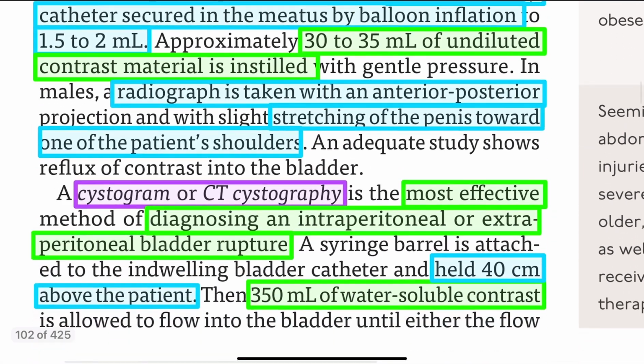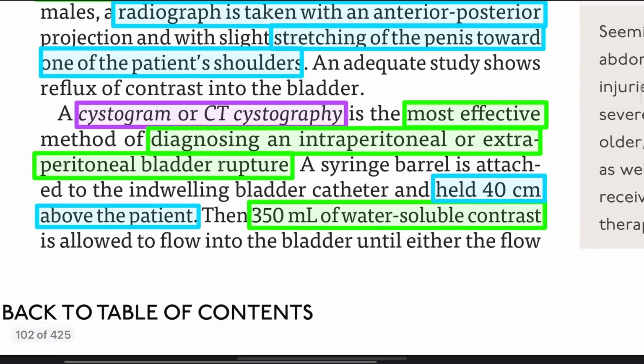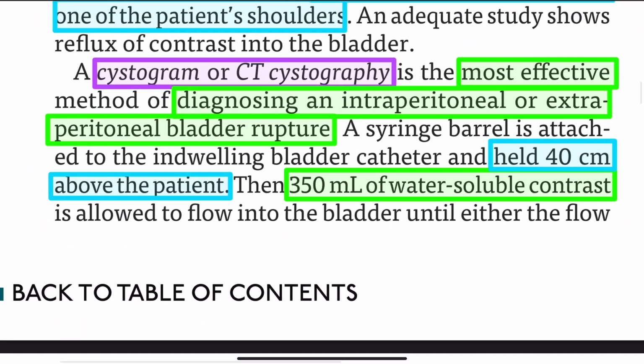Now come to the cystogram or CT cystography. This is the most effective method to diagnose intraperitoneal or extraperitoneal bladder rupture. So any patient with suspected intra or extraperitoneal bladder rupture, you should do a cystogram. Remember, cysto means bladder only. The syringe barrel is held 40 centimeters above the patient, and you should instill 350 ml of water soluble contrast.